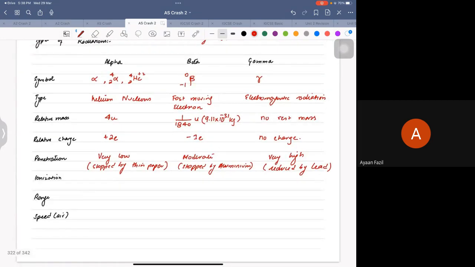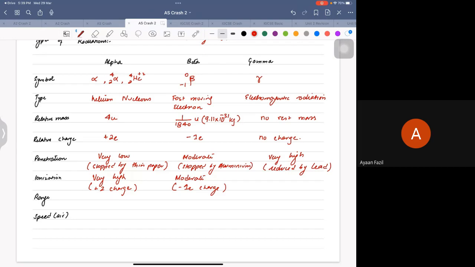About ionization, very high ionization for alpha, and the reason is because it has a +2 charge on it, so it can gain 2 electrons from anything in the surroundings. And beta has moderate ionization because it has -1 charge, and it can be a donor to something.